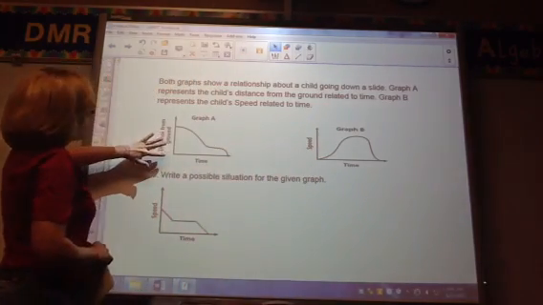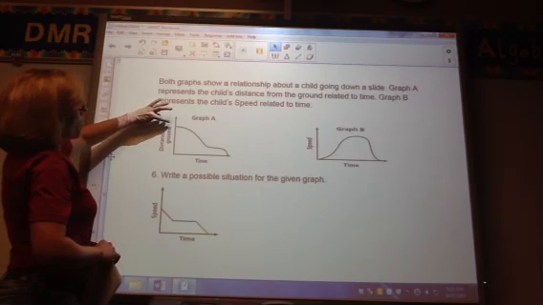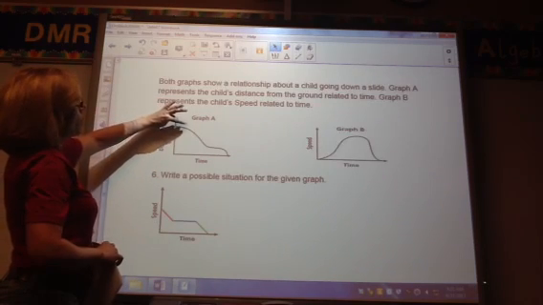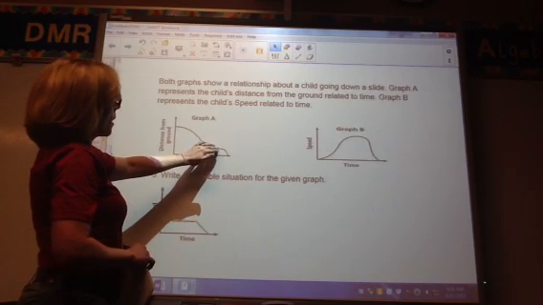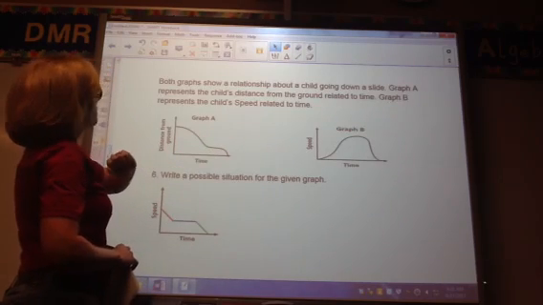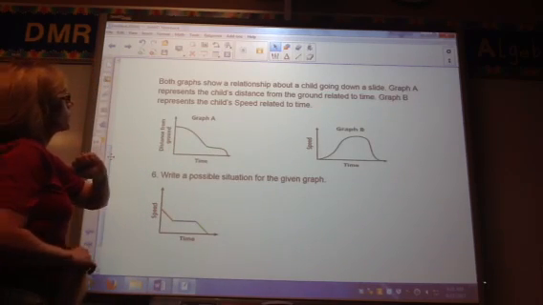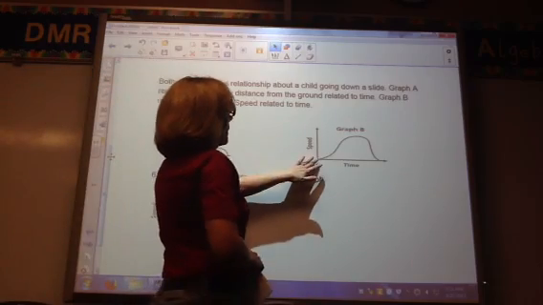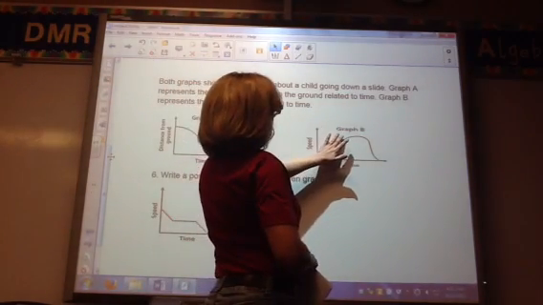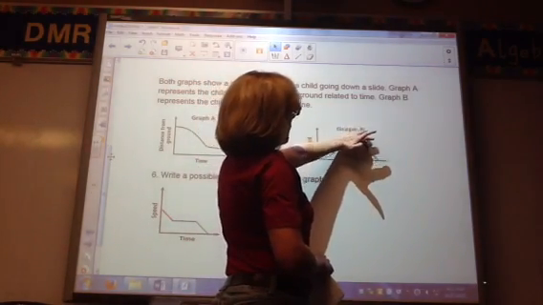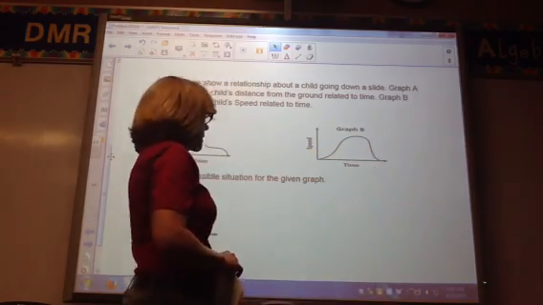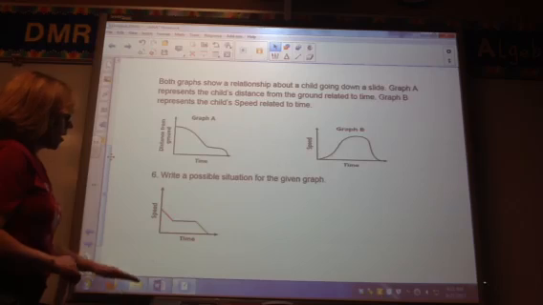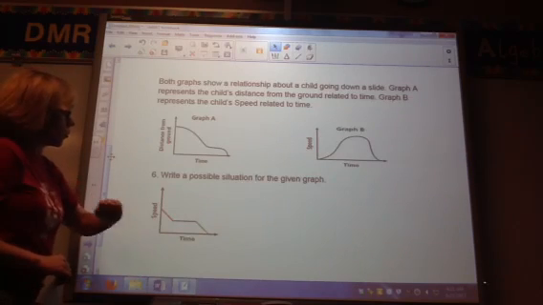So, this graph would have the child at the top of the slide, getting ready to go down. Sits for a while at the bottom, scooting, and then goes down. Then the speed would be, if you're climbing up, sitting at the top of the slide, speed goes down quickly, so your segment is steeper there. So you need to write a scenario for this one.